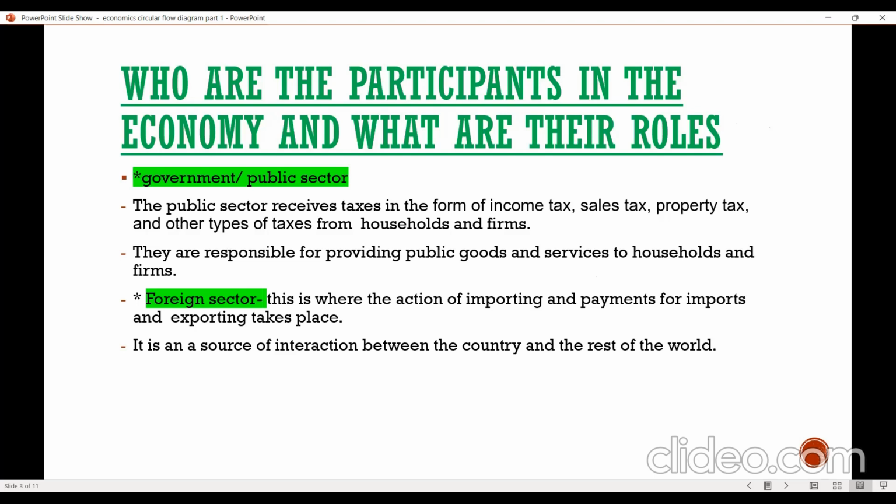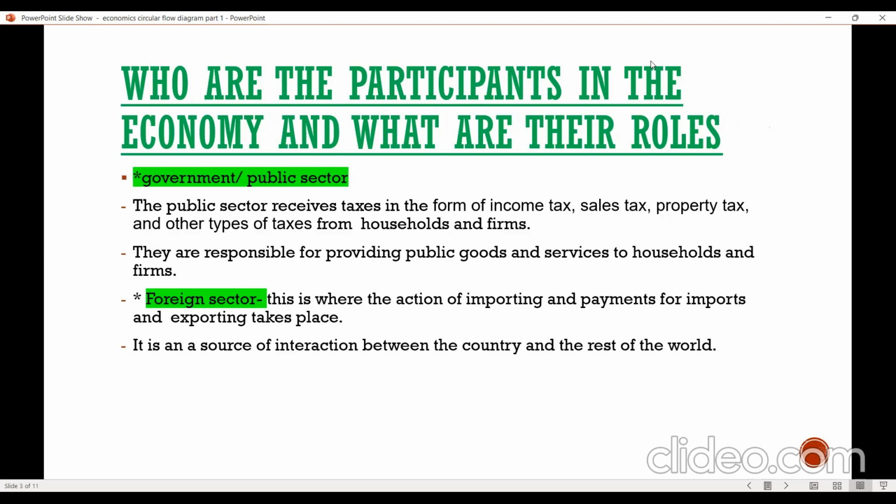Payments for imports and exports are also regarded as a key role of the foreign sector. It is also a source of interaction between the country and the rest of the world. That is basically it on the foreign sector.